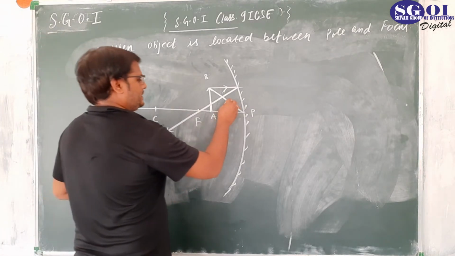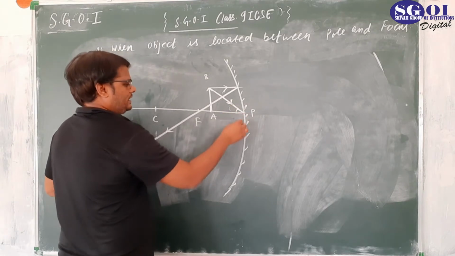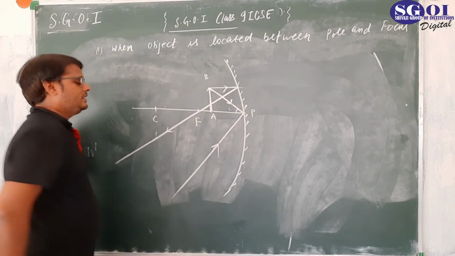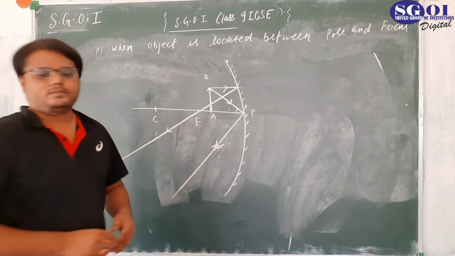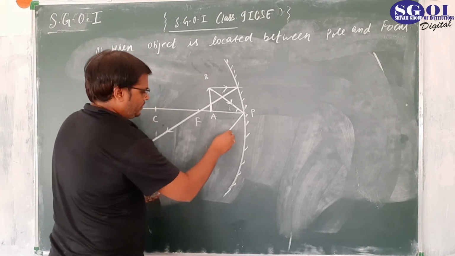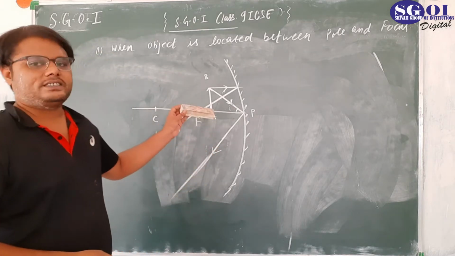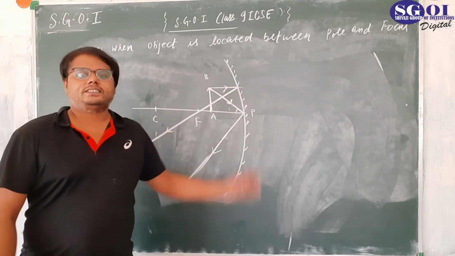For this ray, this is the incident ray, this is the normal, this is our angle i, and after reflection this ray will look like this. I think this is sufficient. This is our second ray and it will look something like this after reflection from the mirror.